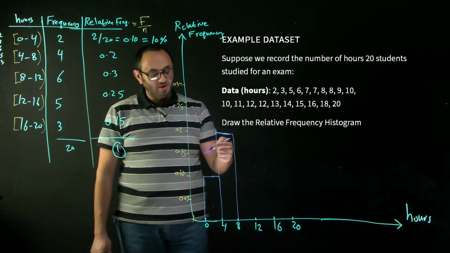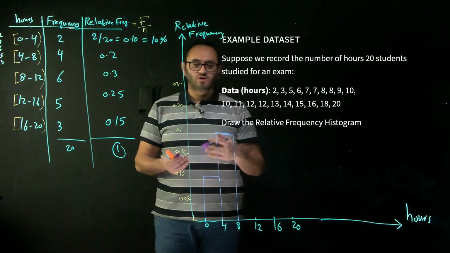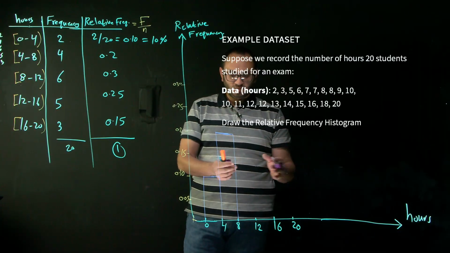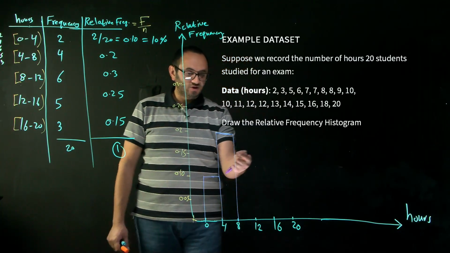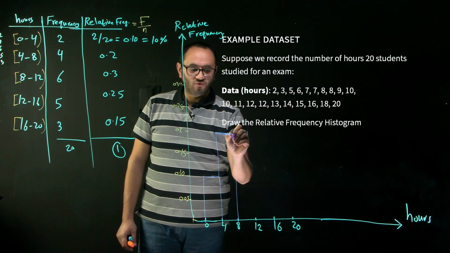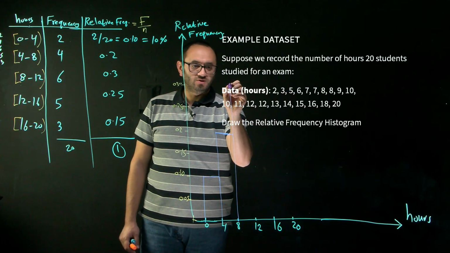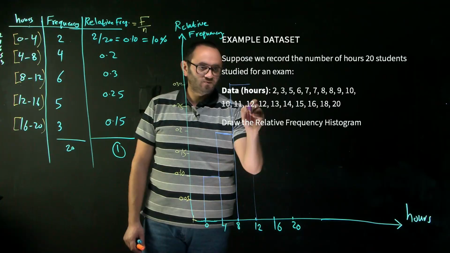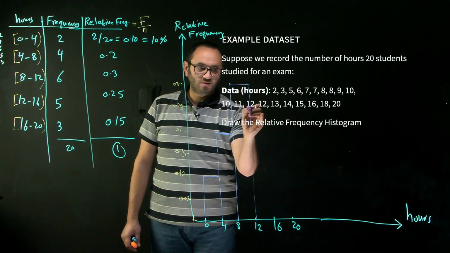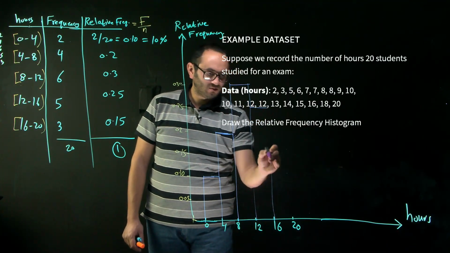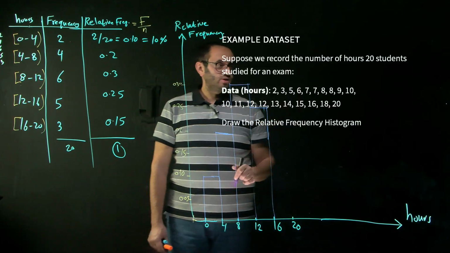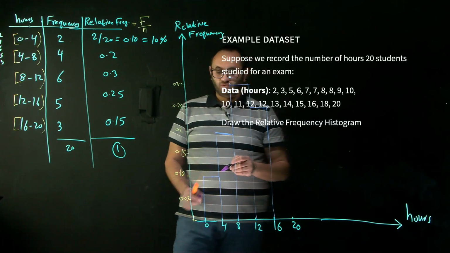In the next session, we will learn bar charts. Bar charts are used for categorical data, and we should have space between the bars so they don't touch each other. 8 to 12 is 0.3, so you have to go up; 0.3 is here. 12 to 16, 0.25 is here. 16 to 20 is 0.15.